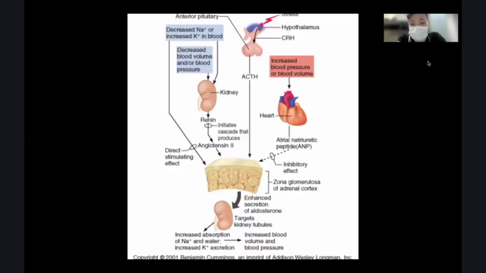For volume, if there is increased blood pressure or increased blood volume as sensed by your baroreceptors, it will increase your ANP, or atrial natriuretic peptide, and this will have an inhibitory effect. It will try to lower sodium and water reabsorption when we have increased blood pressure or increased blood volume.